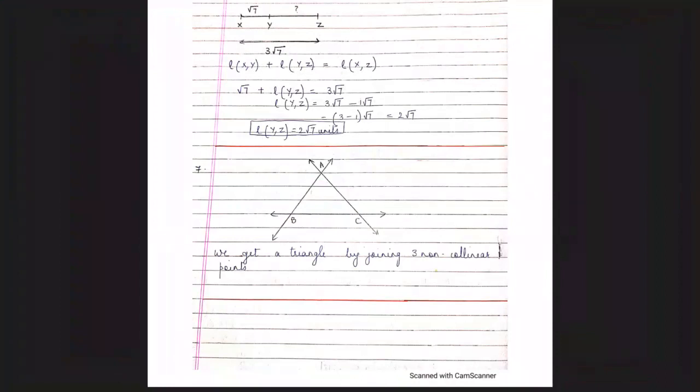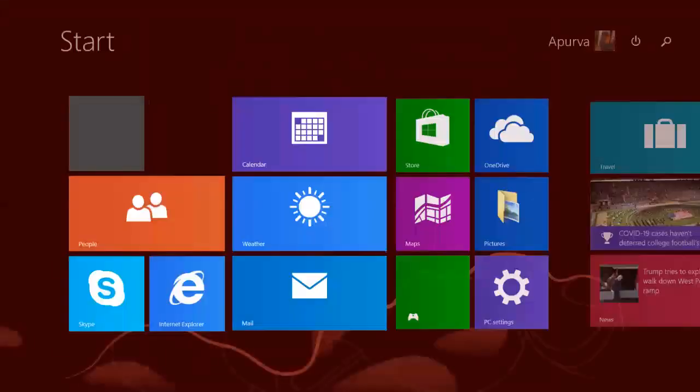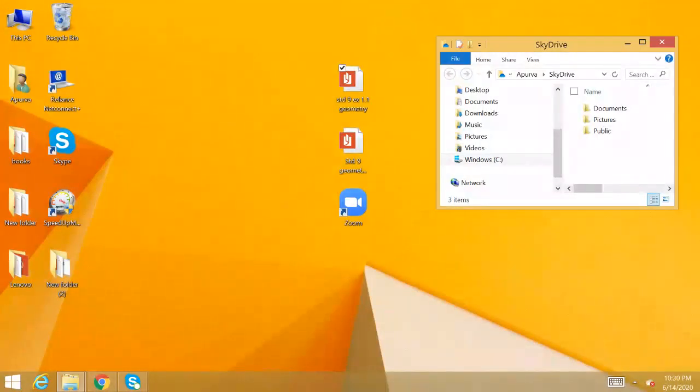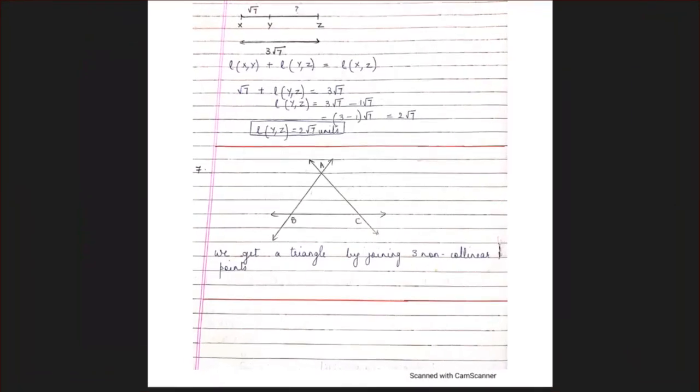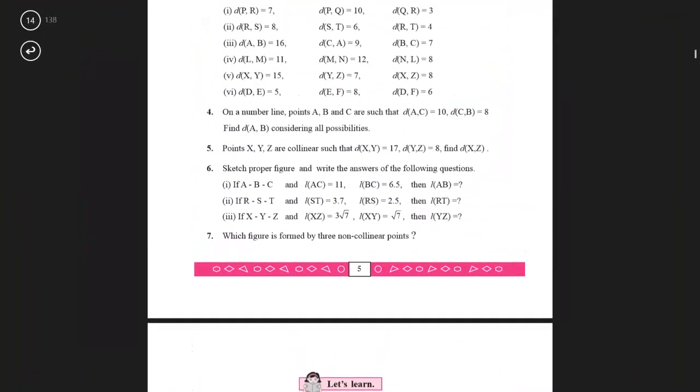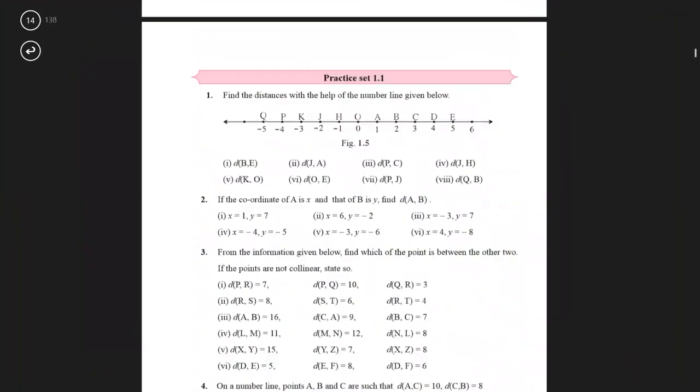Now our 3 points are A, B and C. They do not lie on a straight line. If I were to join these 3 points, what kind of a figure would I get? I would get a triangle. Okay, so that's your last question. With this, we finish with question number 7 of exercise 1.1.